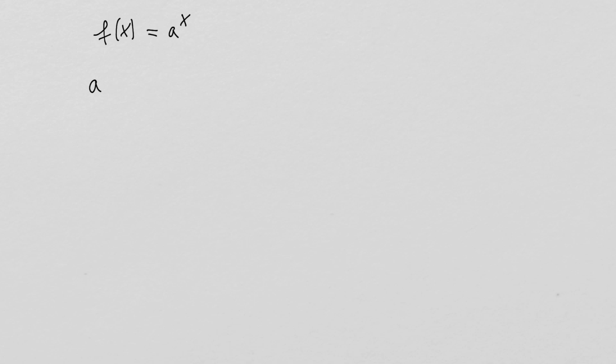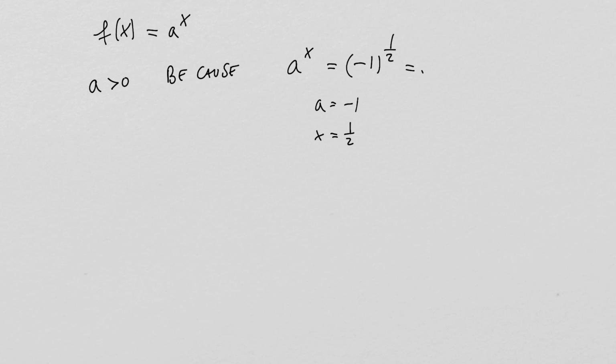We want a to be positive because otherwise we could take a to be -1 and x to be 1/2, and we would get square roots of negative numbers. We don't want to have this, so we take a to be a positive number.